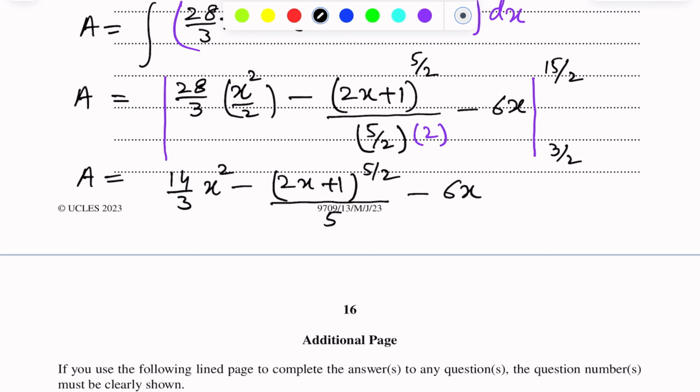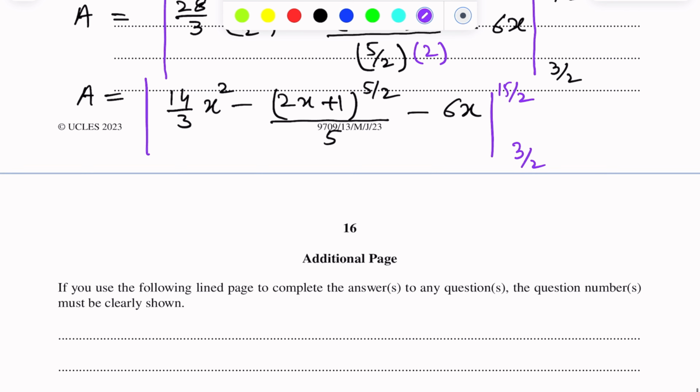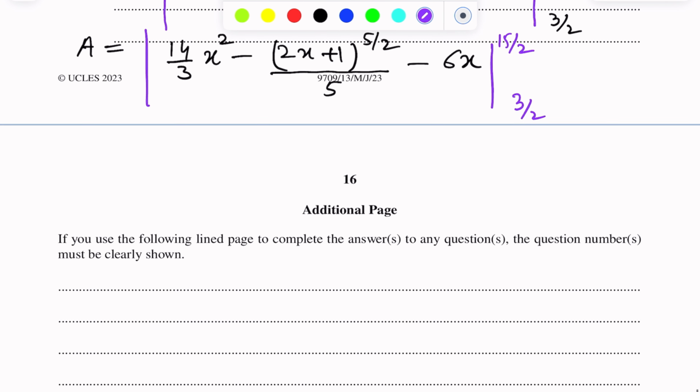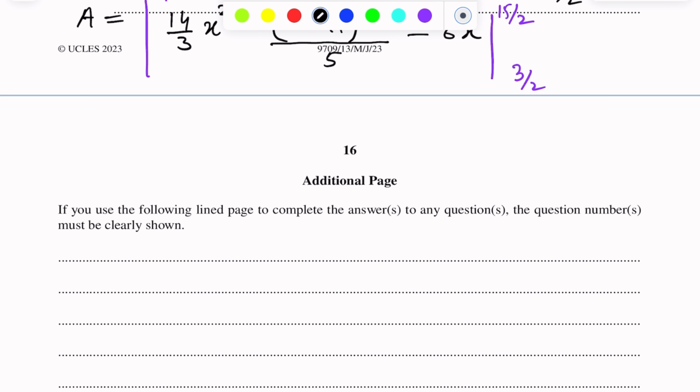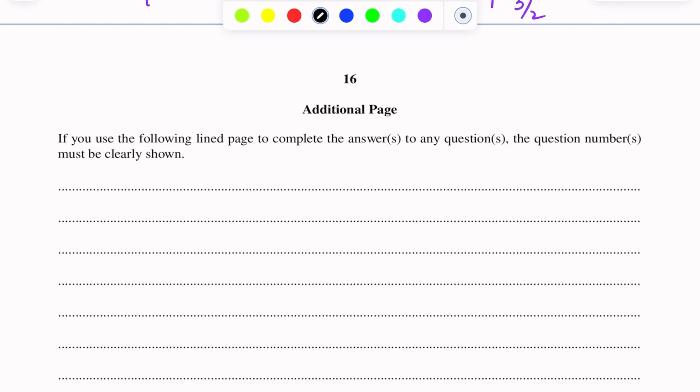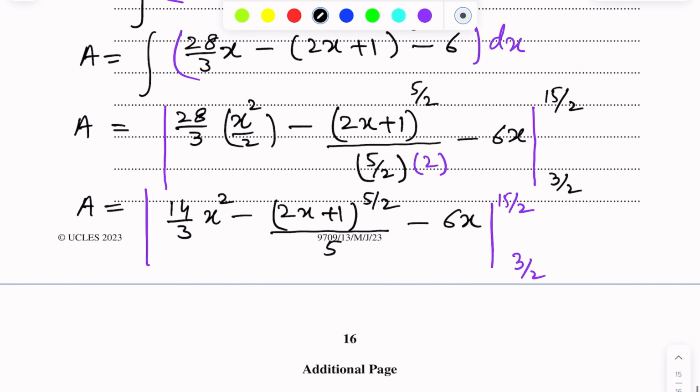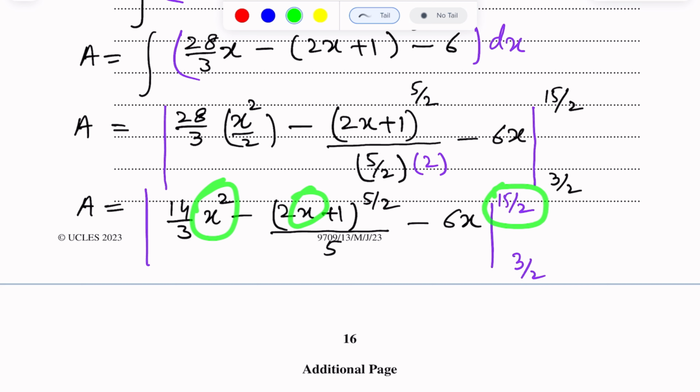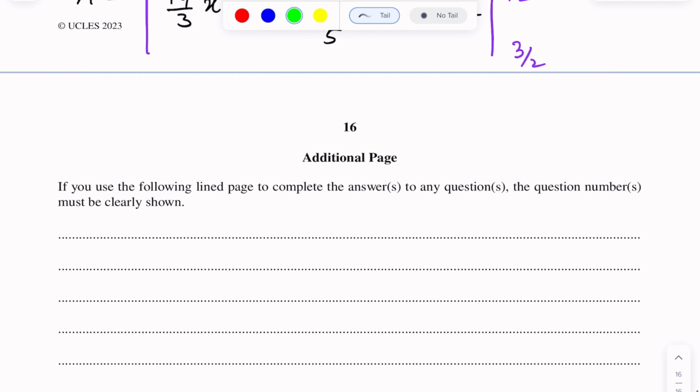Now we apply the limits, 3 over 2 lower limit, upper limit is 15 over 2. Applying the limits, first we apply the upper limit, that is 15 over 2 in place of x.